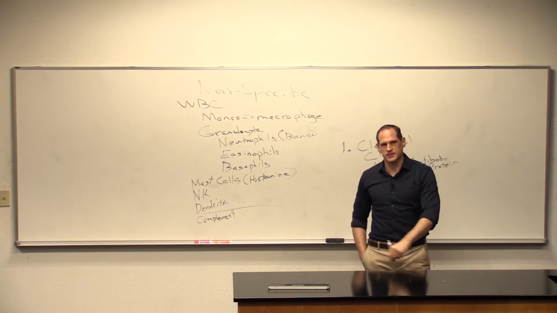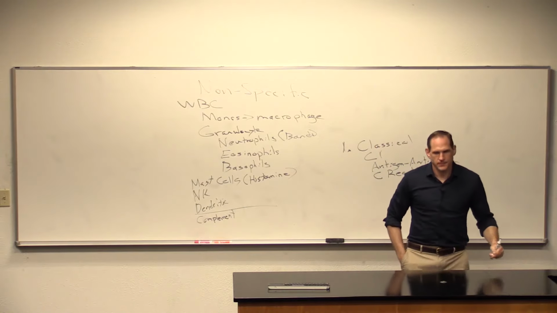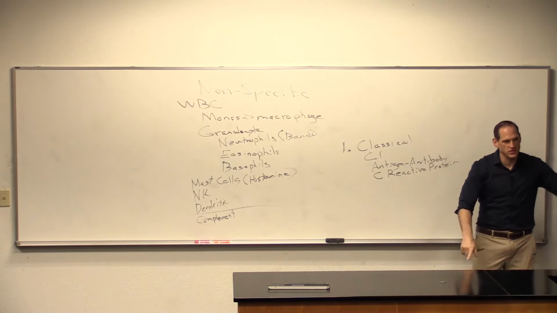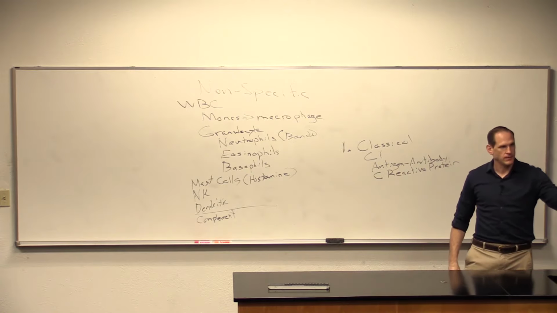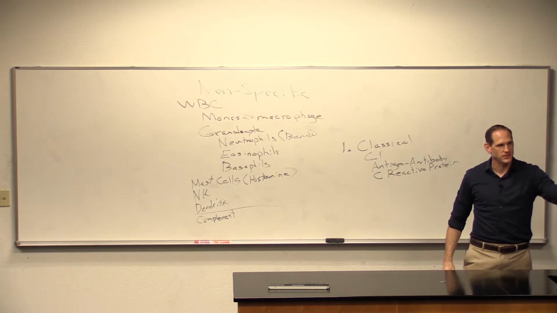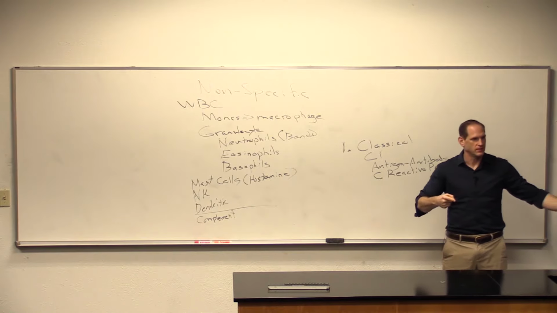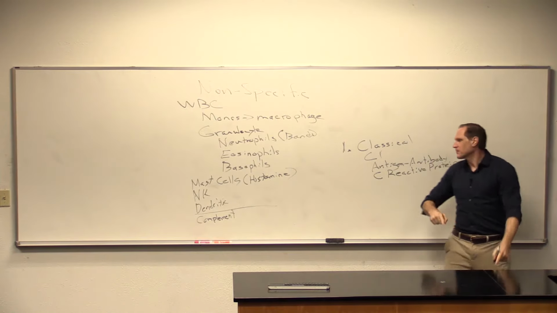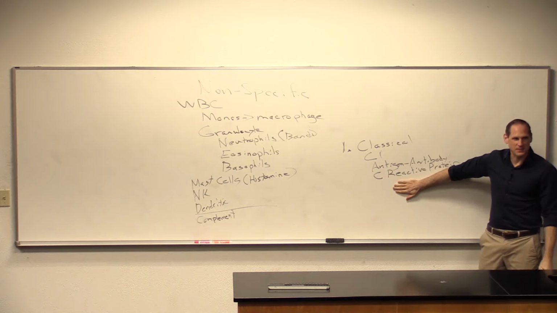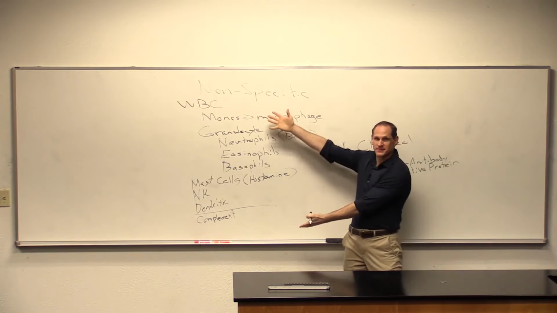So let me ask you this, Ashley. Does your body produce C-reactive protein during infection? Only infection or other times too? Non-specific. So what would be a better answer? When does your body produce C-reactive protein? Whenever it needs to in non-specific cases. In non-specific what?